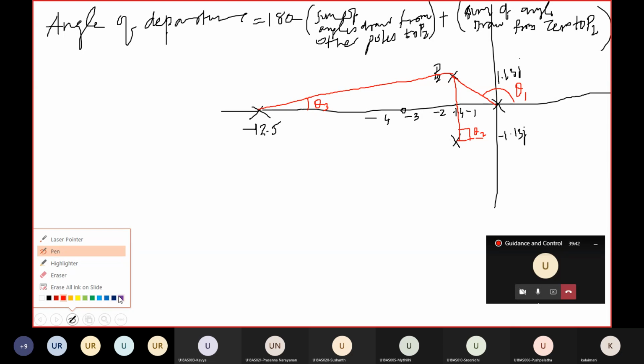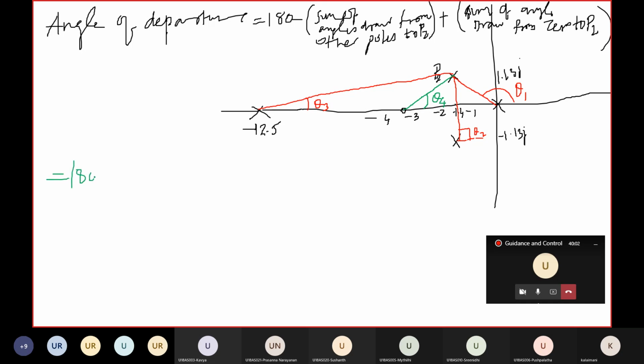Then this green color indicates the vector line drawn from the zero to the complex conjugate pole. This is the zero. So this angle I am taking as theta 4. Then the formula is 180 degrees minus the sum of angles drawn from the other poles to P2.